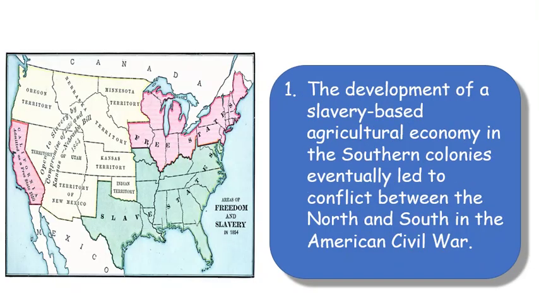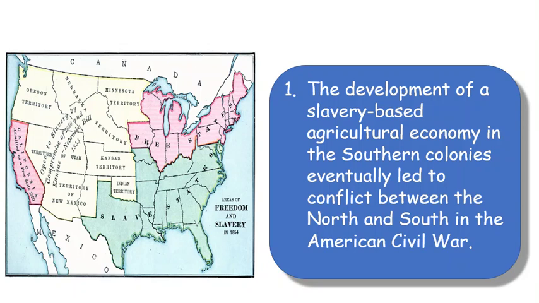Okay, last thing for this is the development of a slavery-based economic system in the southern colonies. This reliance and dependence on slave labor that only grew as the 1700s into the 1800s progressed.